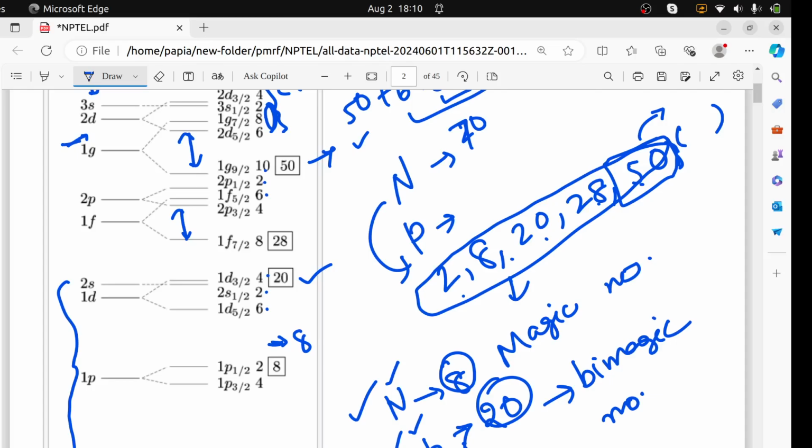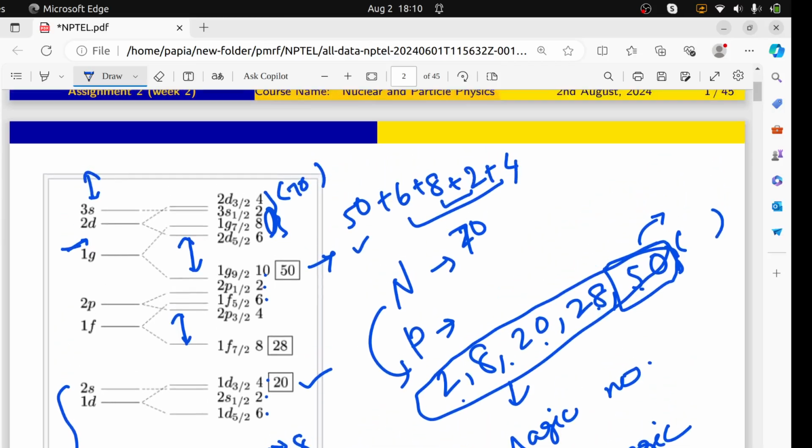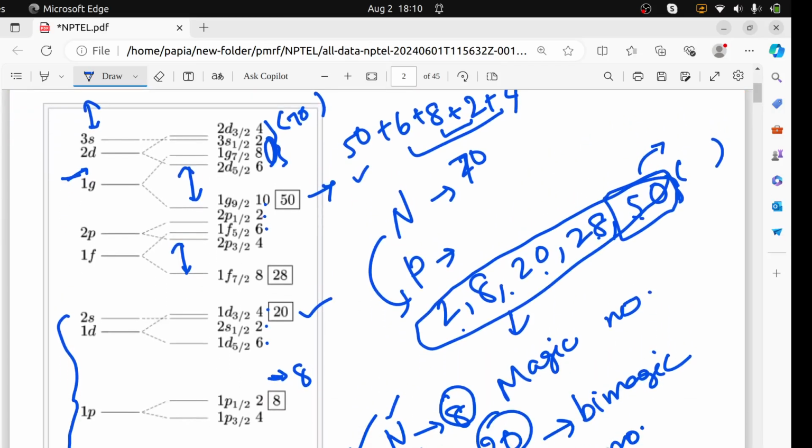Okay, so this figure we will use throughout our lecture today. I just want to paste that one, because if anyone gets stuck on the nuclear shell configuration, they will come and see this one.